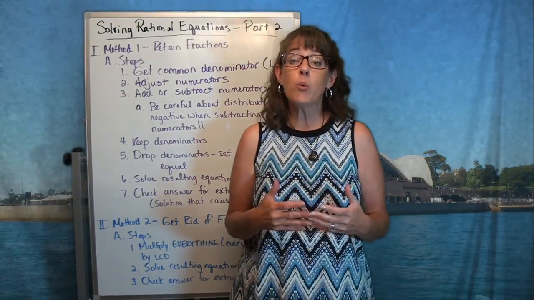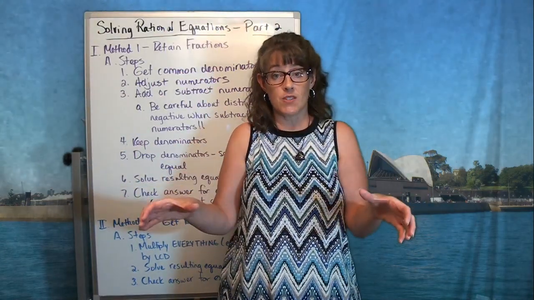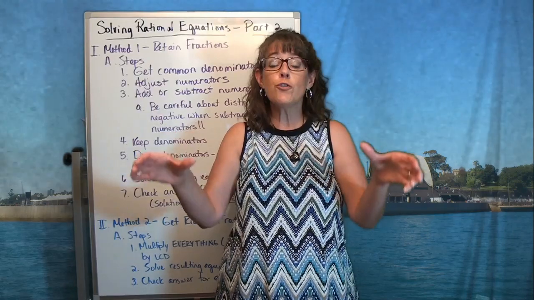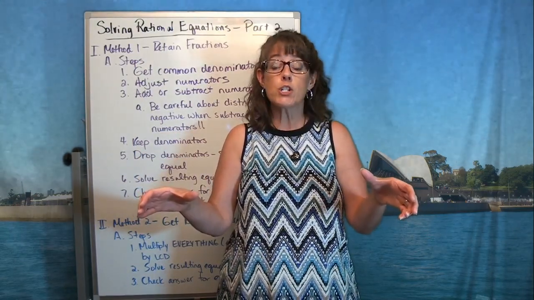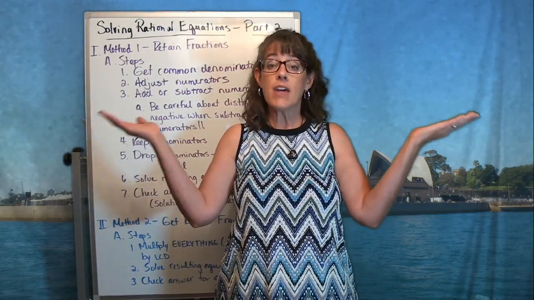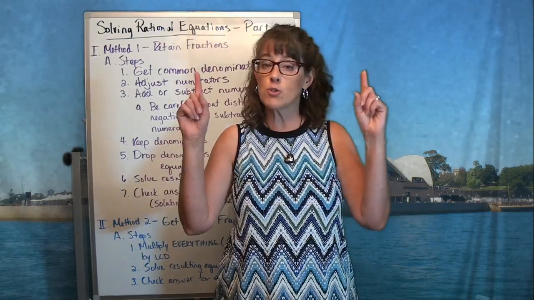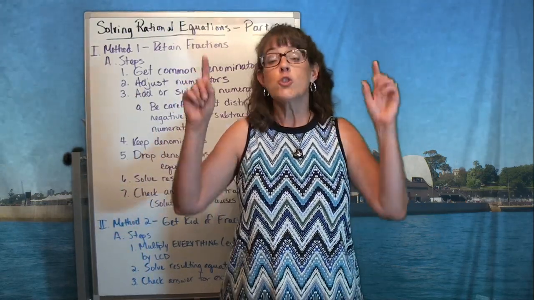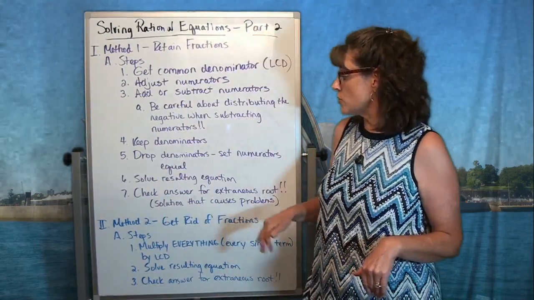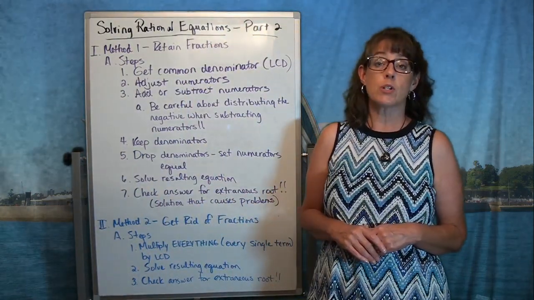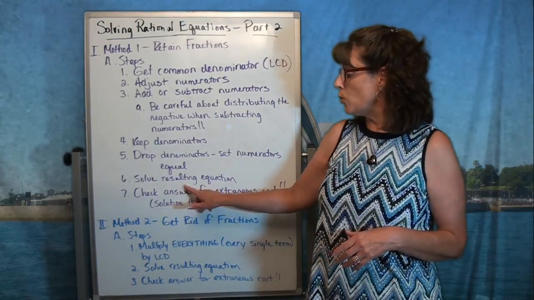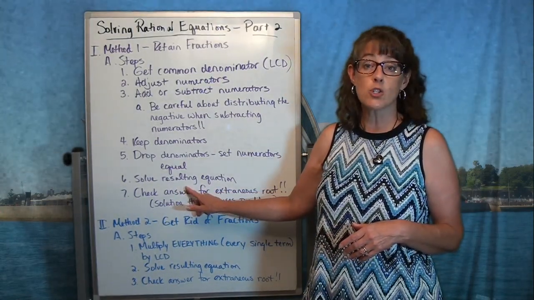And then remember, at that point, you will have single fractions here. And when you have those two fractions and they are equivalent to each other, meaning pan balance, if they have the same value and their denominators are the same, you know that means those numerators have got to be the same. So you're going to drop those denominators and set the numerators equal to each other. When you do that, you will have an equation that's pretty easy to solve.